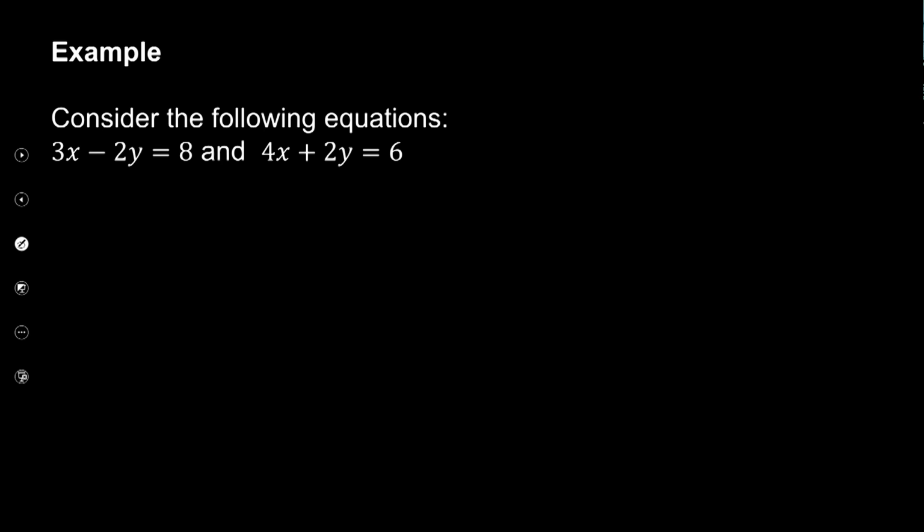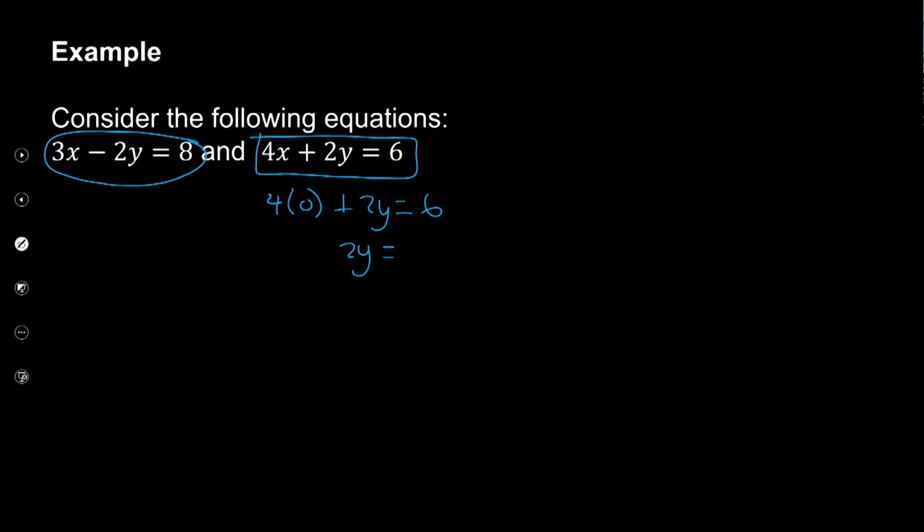Now, consider the two equations that I have here, right? So I need to plot this. Already, I've shown you how to plot that one. Now I need to plot this 4x plus 2y equal to 6 and try to see what it looks like, right? Let me just show you quickly what we normally do, because I know you've done plotting before, but let's quickly look at it. Firstly, I will let my x be 0, which will be 4 times 0 there, plus 2y equals 6. So this will be 2y equals 6. Then my y will be equal to 3.